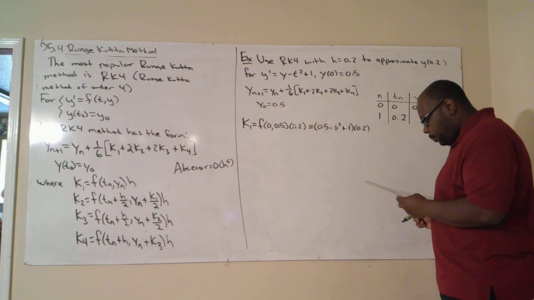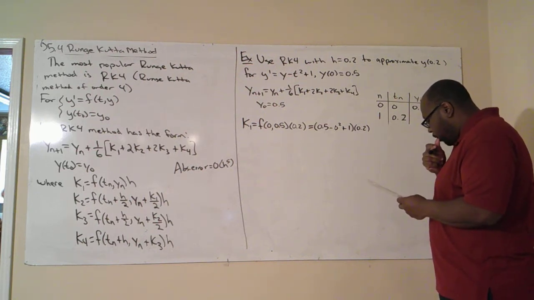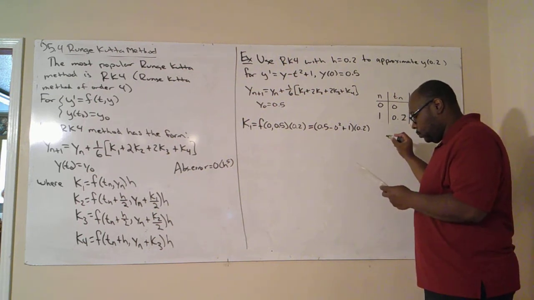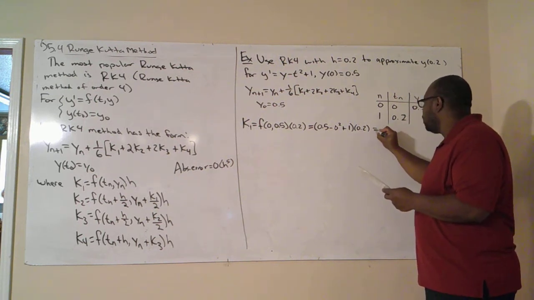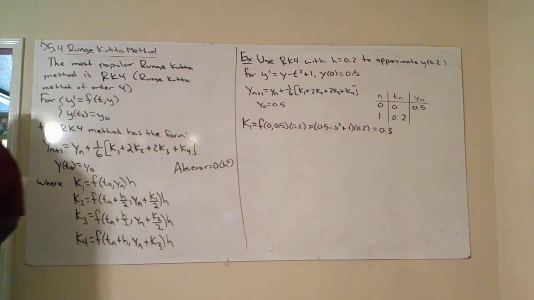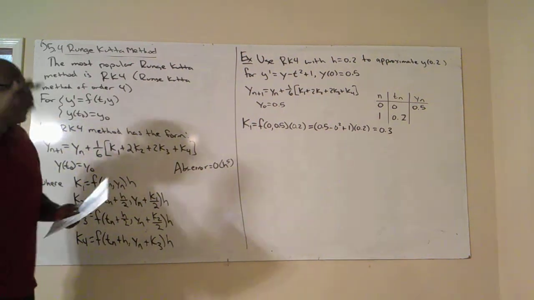So I get 1.5 times 0.2, which is 0.3. Right, because 0.2 is 1/5, yes.